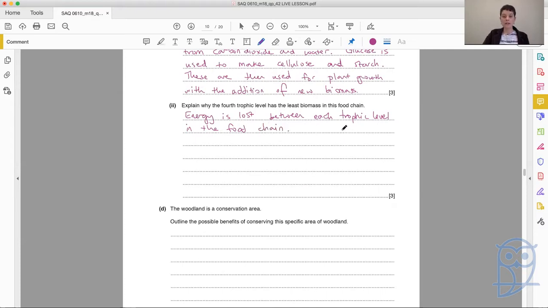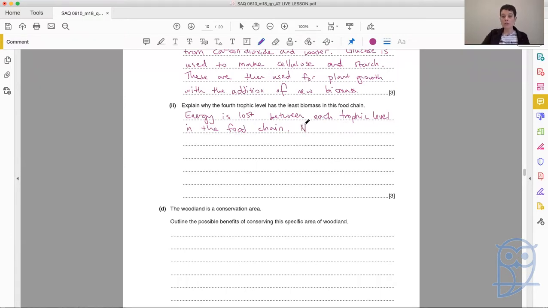Remember that if a lion eats a zebra, that lion doesn't eat every single piece of the zebra. Okay, so some of that organism is not eaten. If a zebra eats a grass plant, it doesn't eat every single piece of the grass. Some of that grass is not eaten.